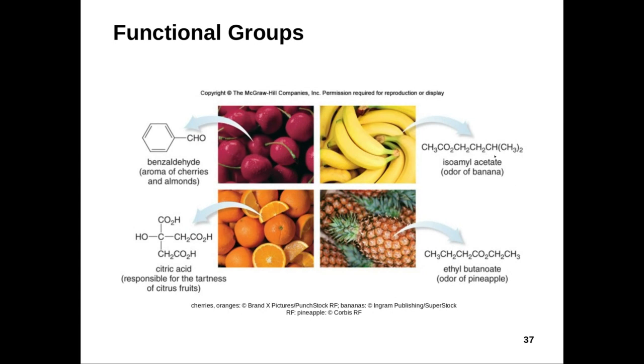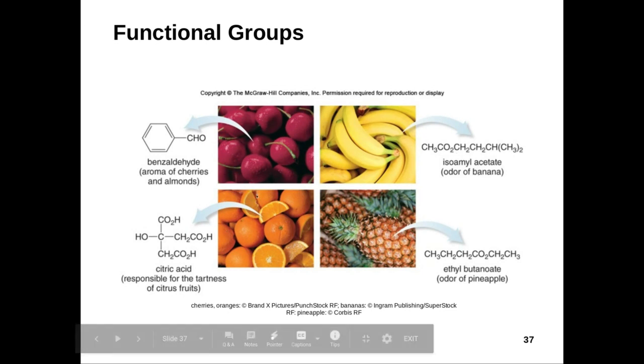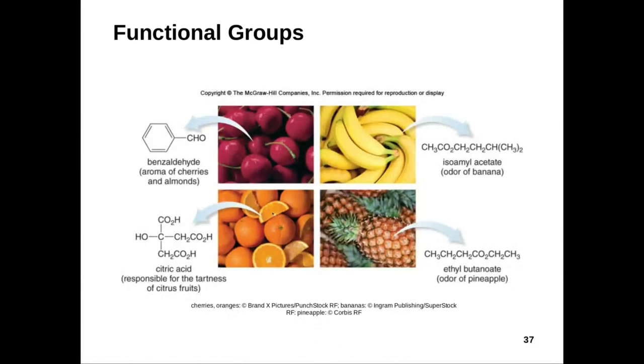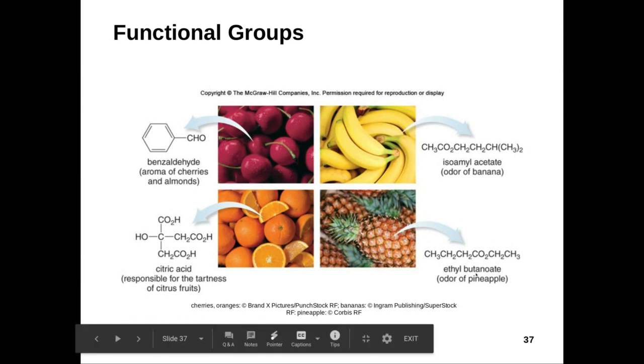Isoamyl acetate gives bananas their odor, which is a nice odor. Not banana flavored candy, but actual bananas. That smells really good. Citric acid gives the tartness to lemons and limes and oranges and clementines and all that fun stuff. And ethyl butanoate gives the odor of pineapples. So if you like pineapples, you owe it to ethyl butanoate.